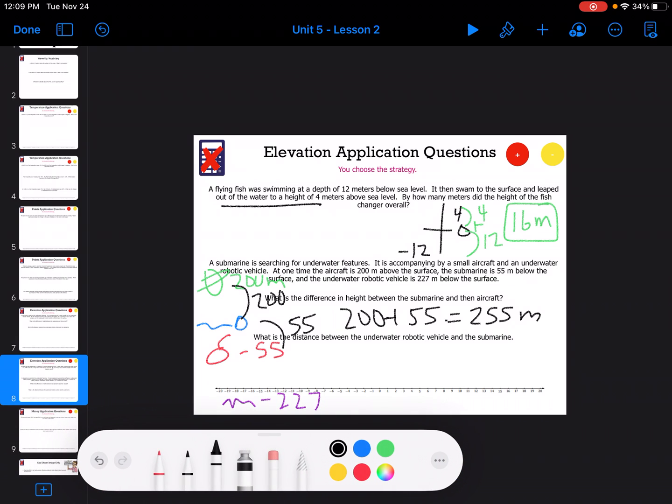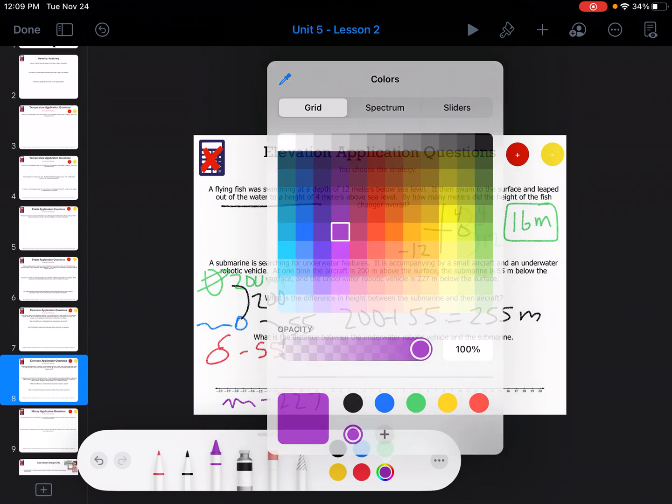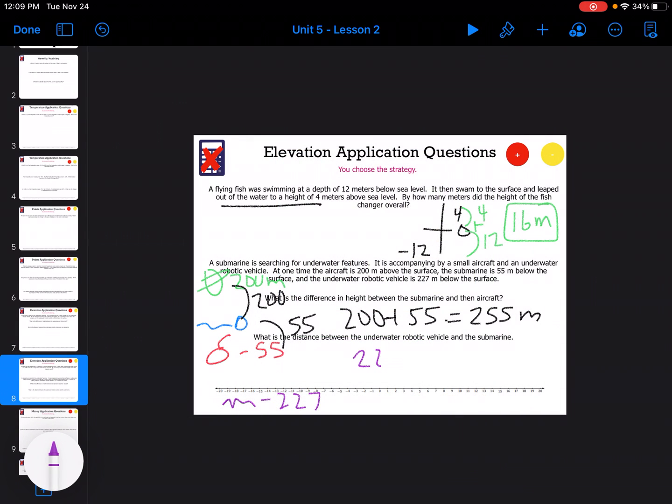My next one, if you remember from the last problem, both of these are negative, so I have to find the difference between the two of them. So I'm going to do 227 minus 55. So I get 172 meters difference here. Okay, so when the signs are the same, when they're both underwater, you're going to subtract.